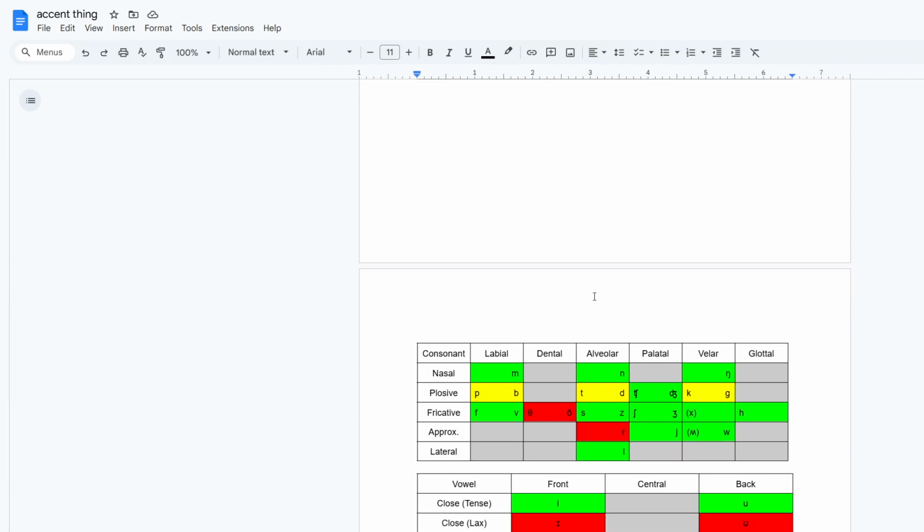So I've color-coded all of the phonemes on whether they're shared or not. For this, green means that they are shared, red means they aren't, and yellow is complicated.